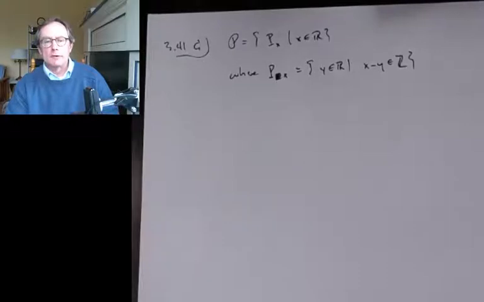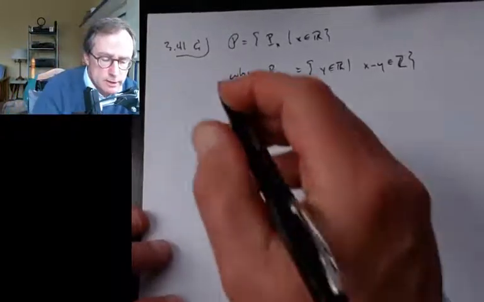Okay, so I have to show that the collection of Px's satisfies the three properties. First of all, each Px is non-empty. Second of all, if you take the union of all the Px's, you get all the reals. And third, that the Px's, if they overlap at all, then they're the same. Okay, so let's try it.